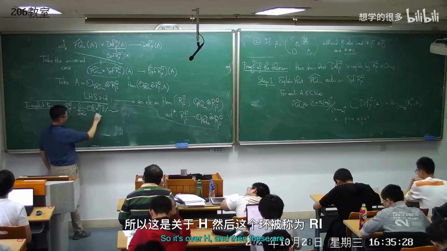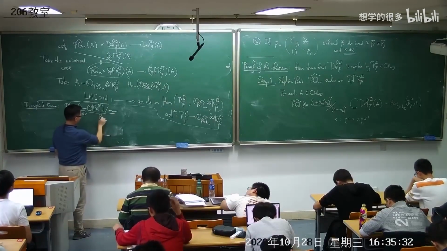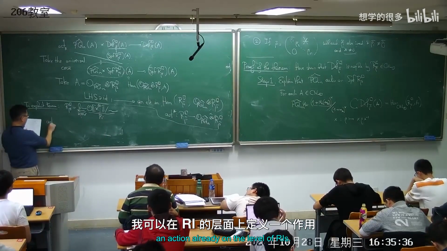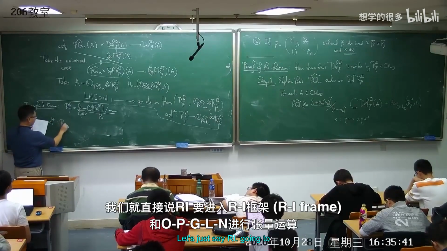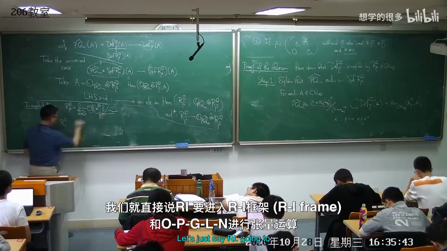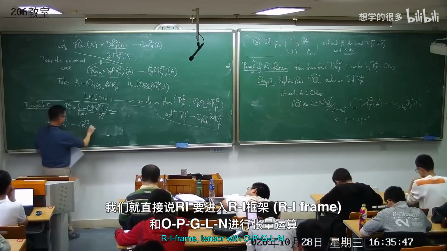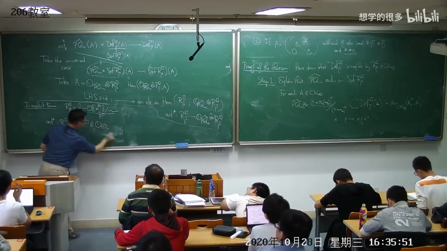So it's over H, and this ring is called R_H, right? And I can define an action already on the level of the R_H's. Let's say R_H going to R_H frame tensor with O of PGL_N.